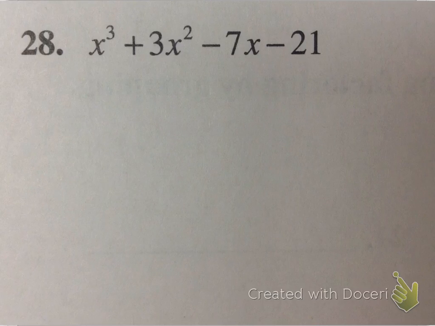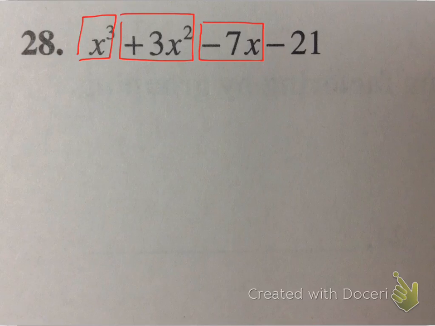Now we're going to take this one step farther. In this particular problem, we have 4 terms. We have x cubed, we have a positive 3x squared, we have a negative 7x, and we have a negative 21.